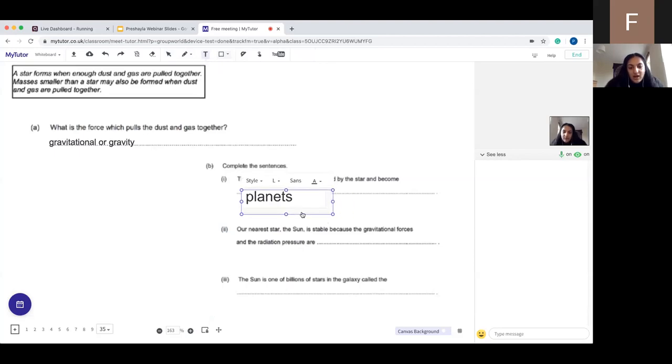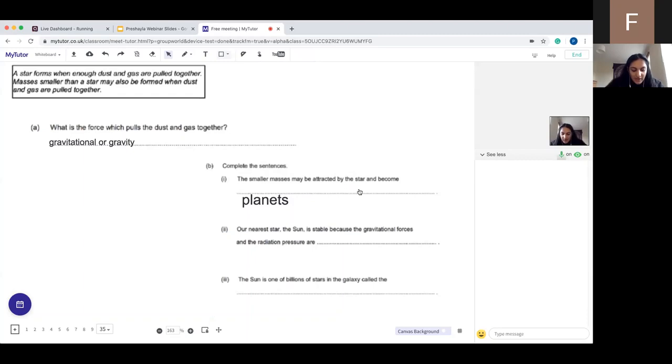Our nearest star, the sun, is stable because the gravitational forces and the radiation pressure are what? If you remember, earlier I talked about the forces going outwards and the forces going inwards, and there's some kind of condition that they need to be in for the star to be stable. So what is that condition? What are the forces?